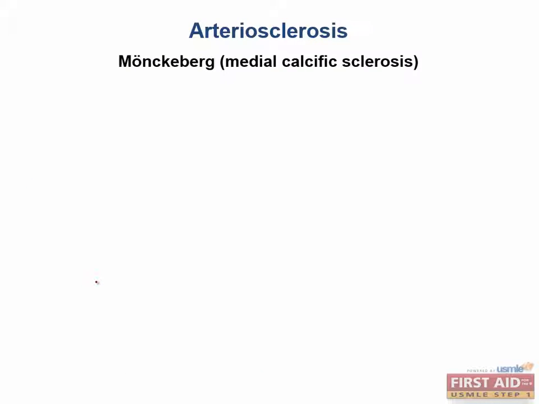Alright, now we advance to arteriosclerosis, specifically Monckeberg. So Monckeberg's arteriosclerosis will hopefully soon only be referred to as medial calcific sclerosis. The name tells us that there is hardening or sclerosis of the tunica media, secondary to something to do with calcium.